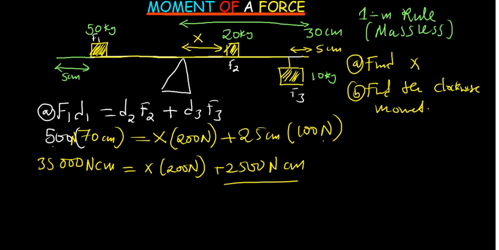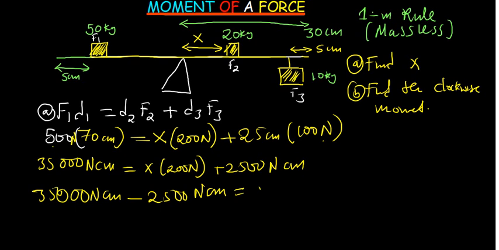And then we'll take this term to the other side here because they're like terms. So 35,000 Newton centimeter minus 2,500 Newton centimeter, and that is going to be equal to x times 200 newtons.